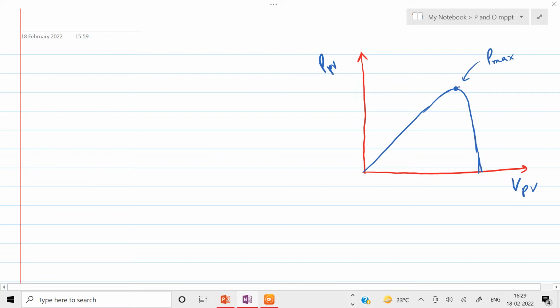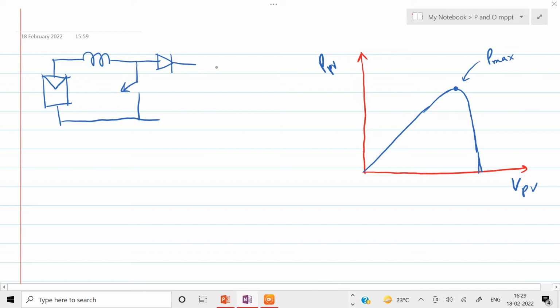So how to design our PV system? It looks somewhat like this. We have a PV panel, then an inductor, then a switch, followed by a diode, then a capacitor, and then a load. The load is resistive in nature.